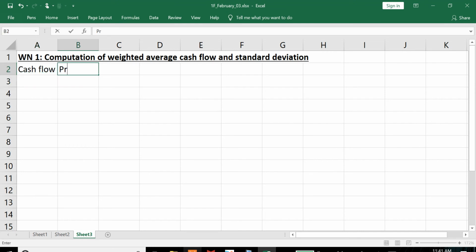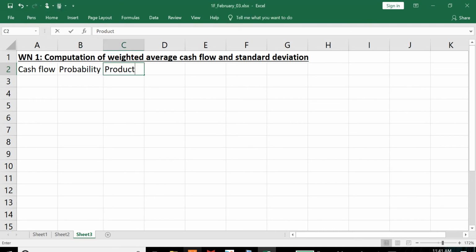Cash flow, probability, product, deviation, PD square. You can write in the side in lakhs.